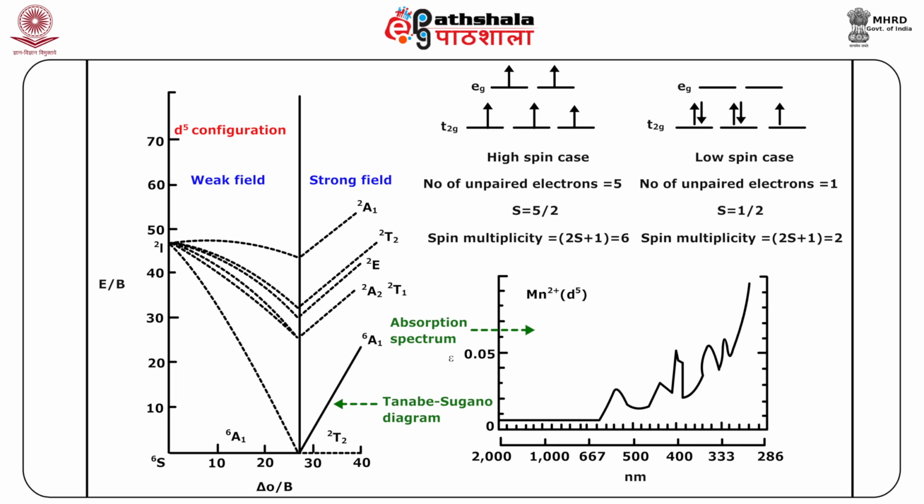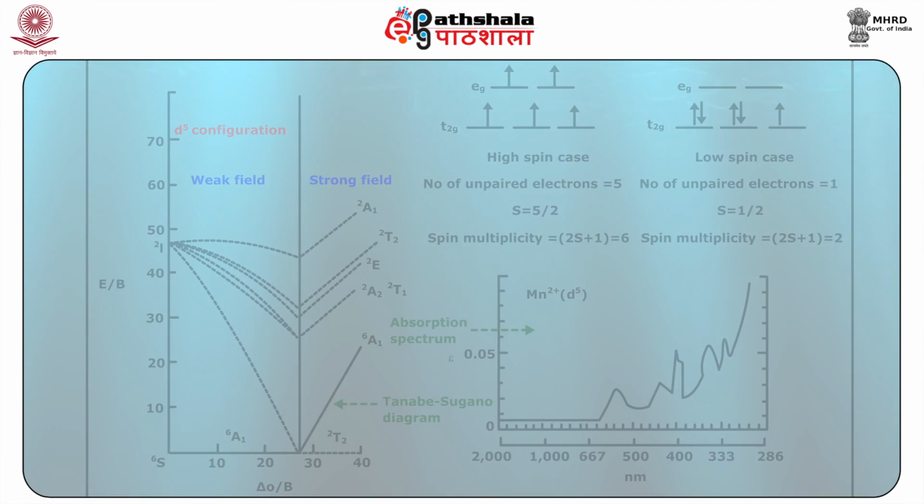From this ground state, there can be no spin allowed transitions possible since there are no excited states of the same spin multiplicity. Hence, the bands observed are very low in intensity since they originate from forbidden transitions.